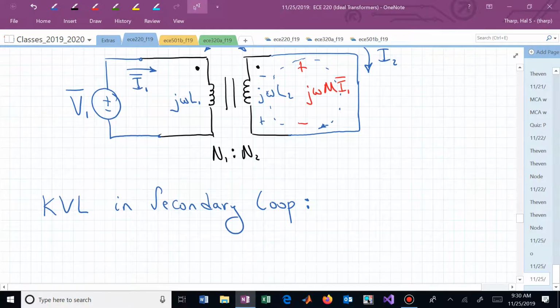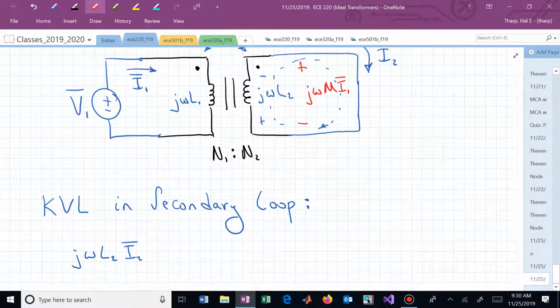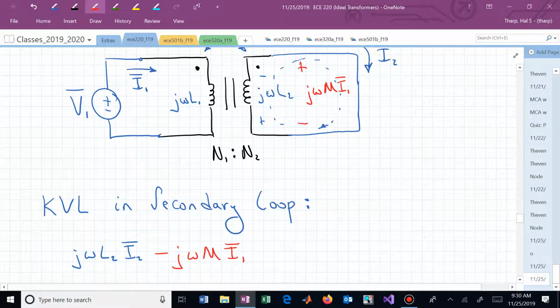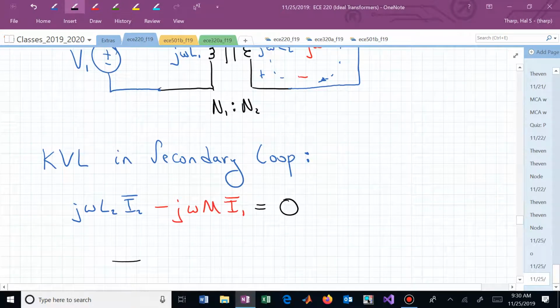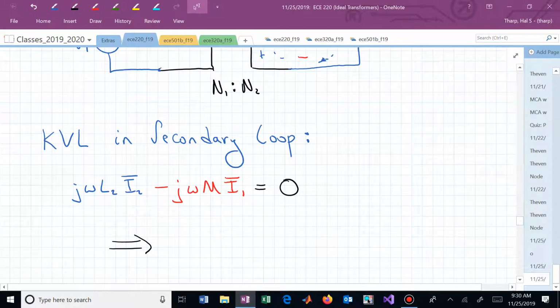KVL now says that we have j omega L2 I2 minus j omega M I1 is equal to 0. That's KVL on the secondary side. This gives us a relationship between the two currents, the current in coil 1 on the primary side and the current I2 on the secondary side.